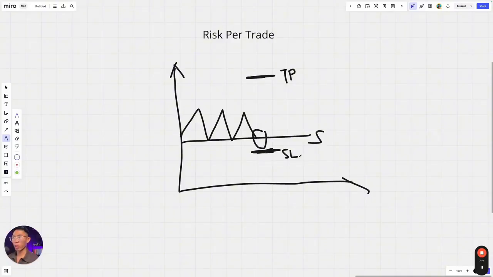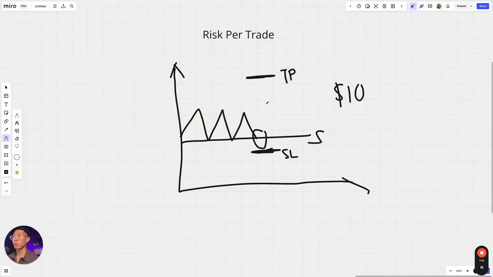If your risk per trade is, let's say, $10, you need to make sure that the lot size you're using for this buy position, this long position, correlates to this $10. So if you hit your stop loss, the maximum amount you will lose is only $10.